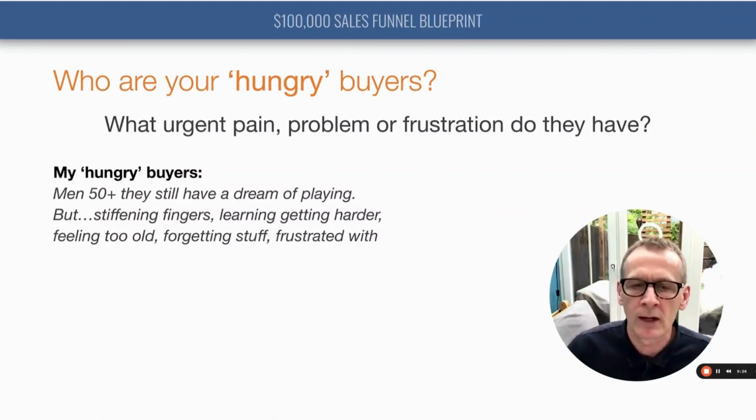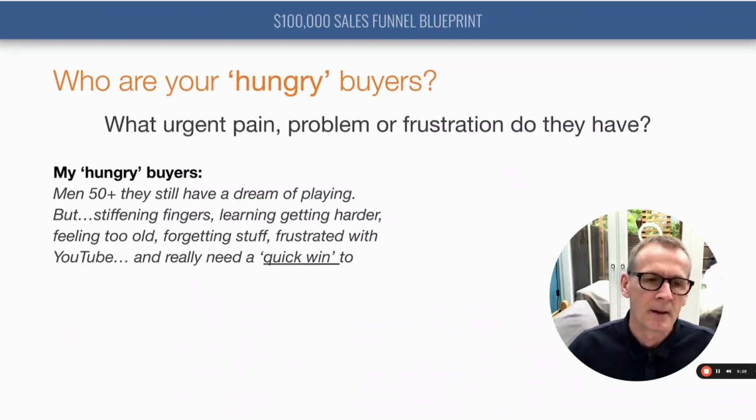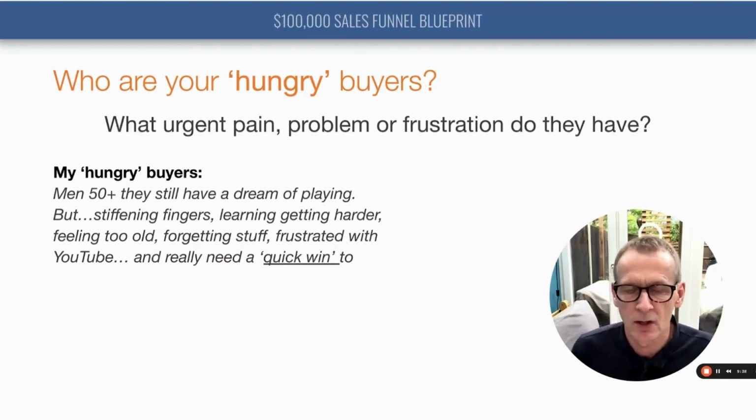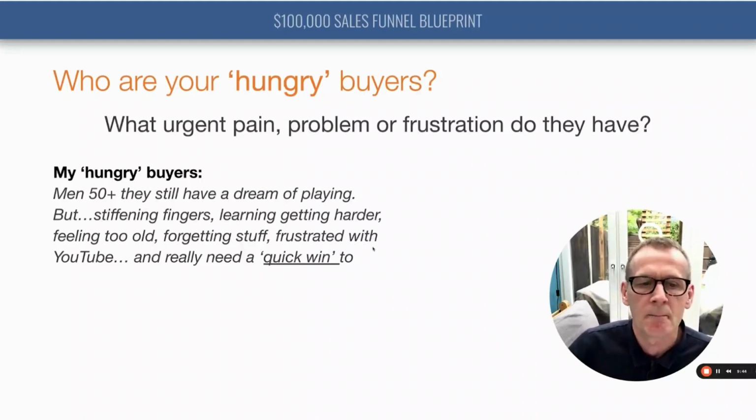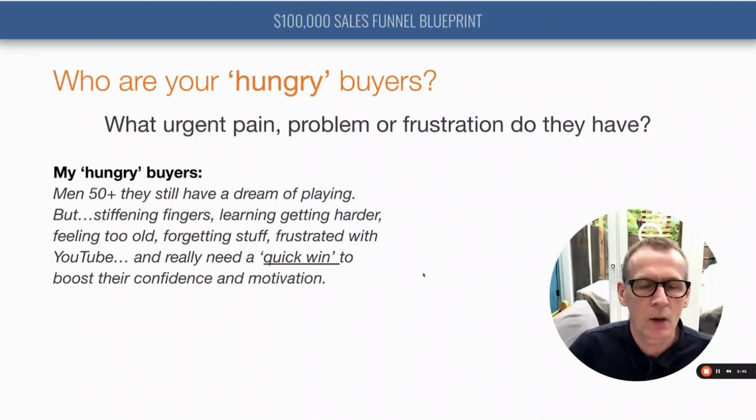I'll learn it one day and a couple of days later, I feel like I've forgotten it, I have to start again. Sort of people who, again, like myself, occasionally dabble with stuff on YouTube, but either find the teacher is not right, or they're going too fast, or I just can't find the video again once I've found it. And this audience really need a quick win to boost their confidence and their motivation to get them back into playing.